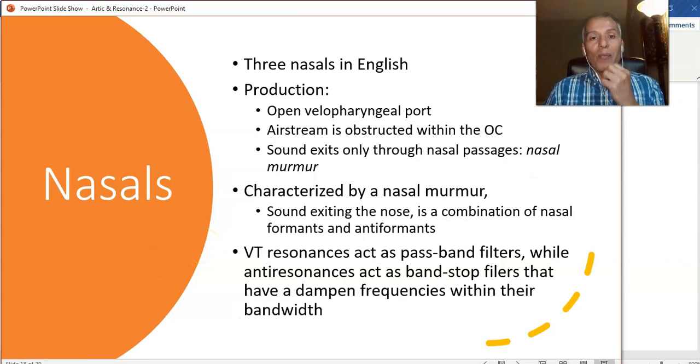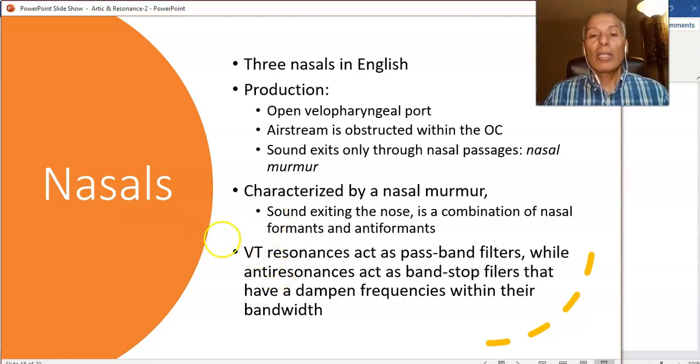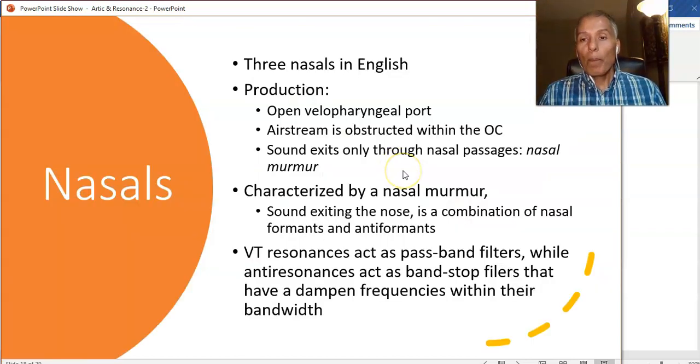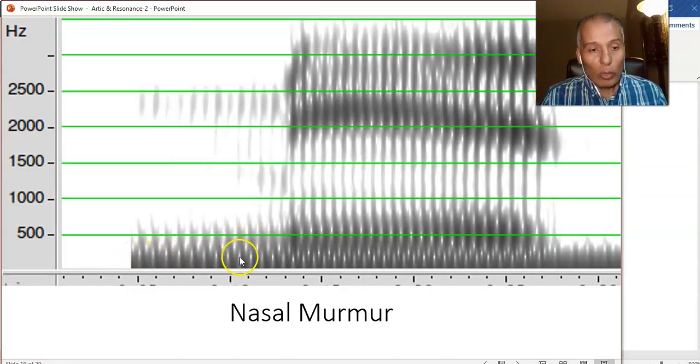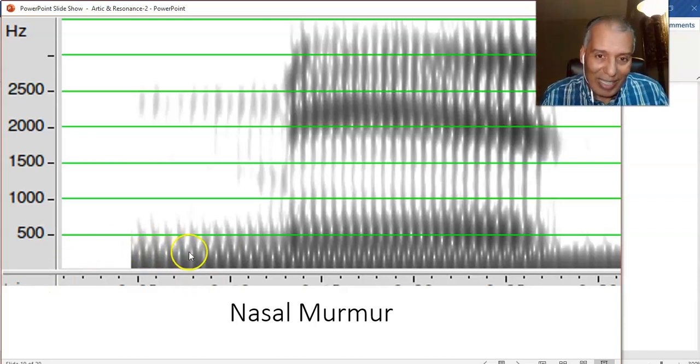So now the three nasals of English, I described each one, but I'm not going to repeat much. The description of the nasal sounds is characterized by something called nasal murmur. And the nasal murmur, when you look at the formants, as you see, it has these individual bands of energy, but they are not dense.